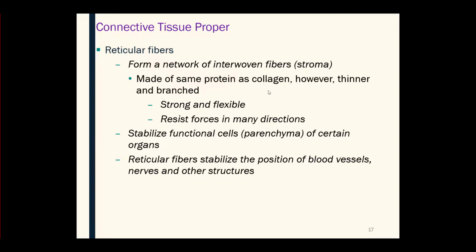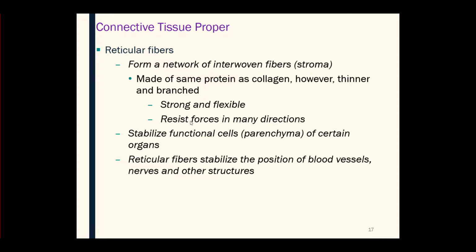Now, the chemical that makes up our reticular fibers is the same protein that makes up collagen. However, the reticular fibers are thinner and they branch. So since they're made up of the same protein as collagen, they are also considered flexible and strong.